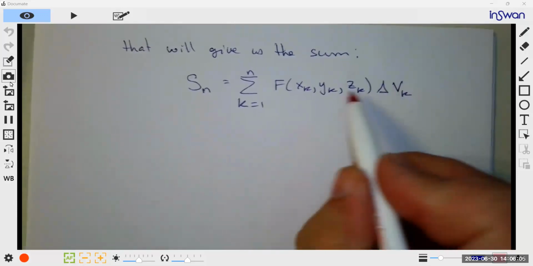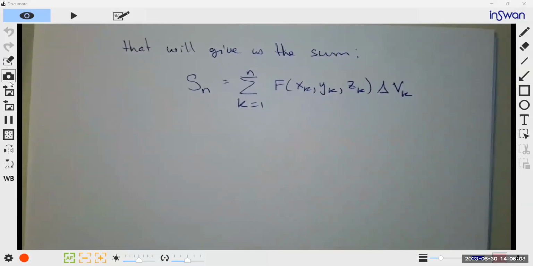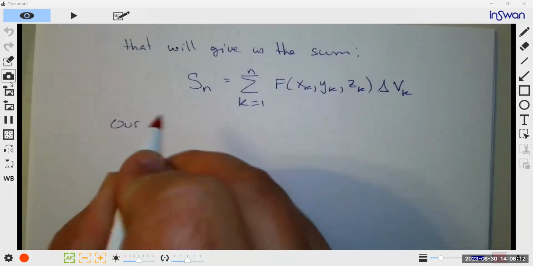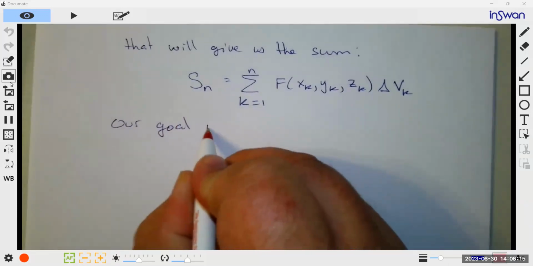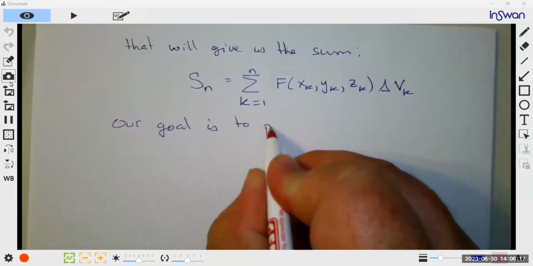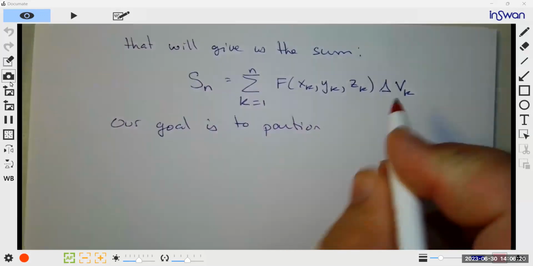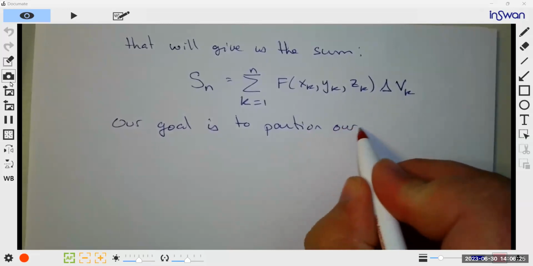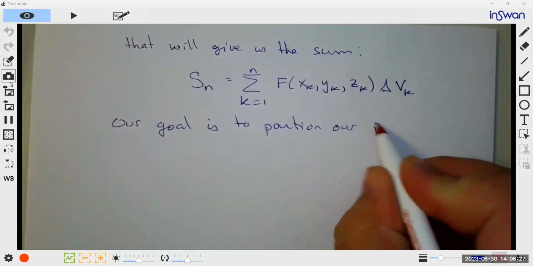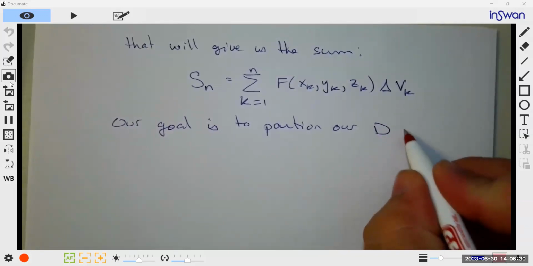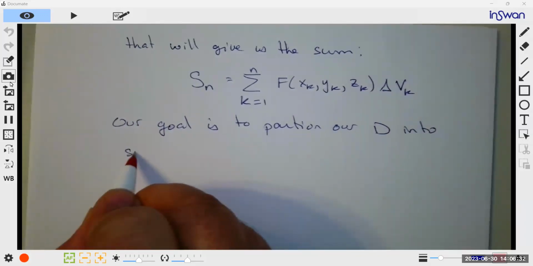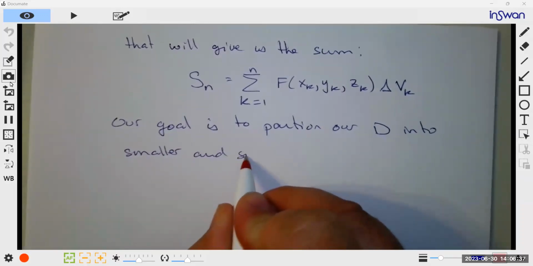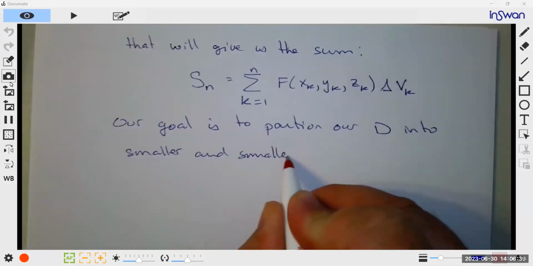So with respect to these delta v's, delta x's, and delta z's, our goal is to partition our object D into smaller and smaller cells.